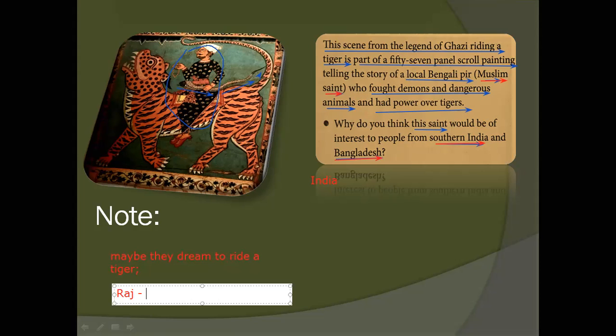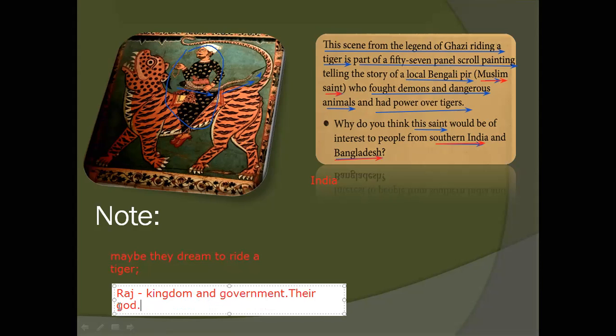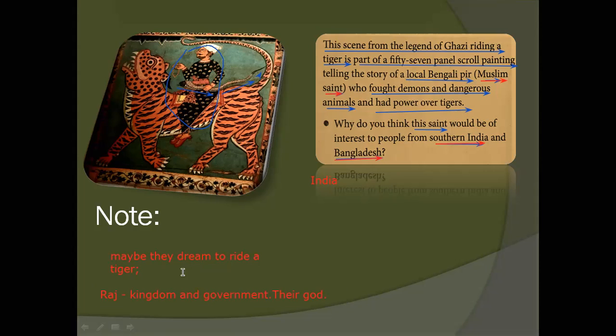It was their kingdom and government, their God. I think this is the main reason the people of southern India and Bengal loved him. Do you have any other point to add? No. So I think this is the main point, right?